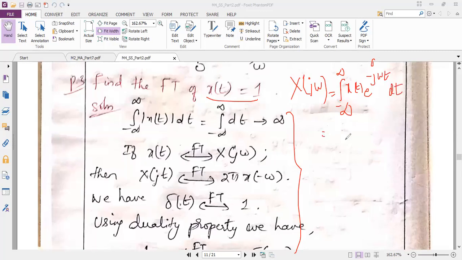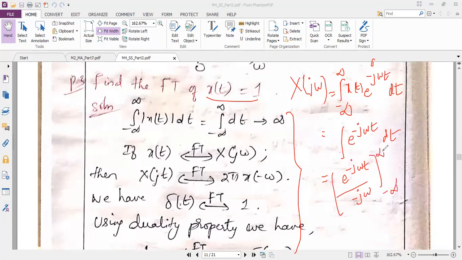Directly I have solved using the property. So x of t is 1. So it is just e power minus j omega t dt. When you do the integration, you will get e power minus j omega t, the whole divided by minus j omega. Okay. So the limits are minus infinity to plus infinity.